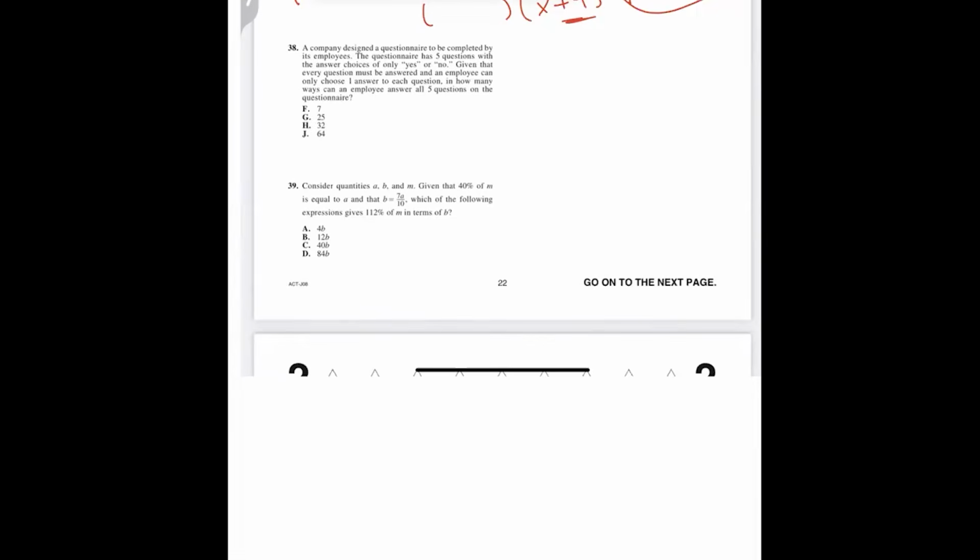You've got 5 questions: 1, 2, 3, 4, 5. And then they have 2 options on each of these: 2, 2, 2, 2, 2. And what we have to remember is that we multiply options together. So all you have to do is multiply these together, making the answer on 38 H.